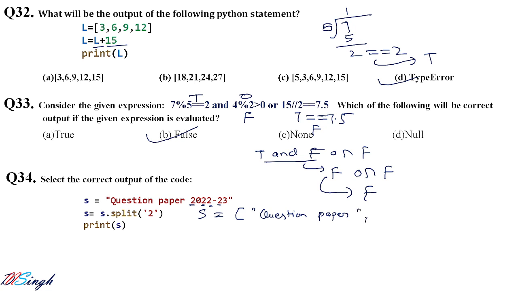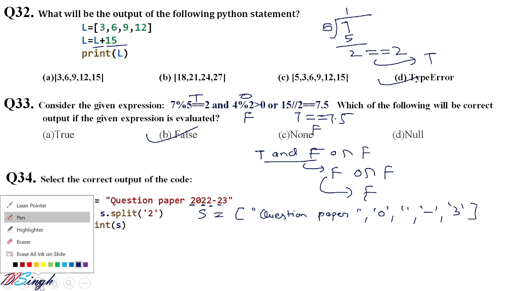Then you have next 0, and then you have null string. After that you have hyphen, and then you have 3. So these are the elements of the list that are going to be split using the split function.